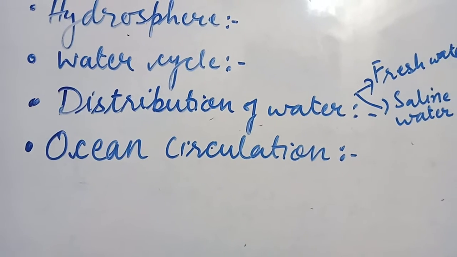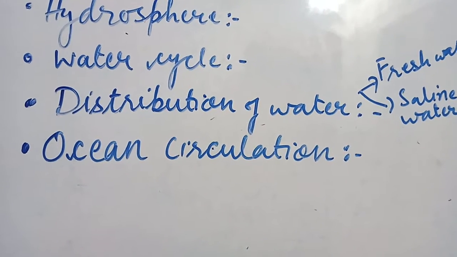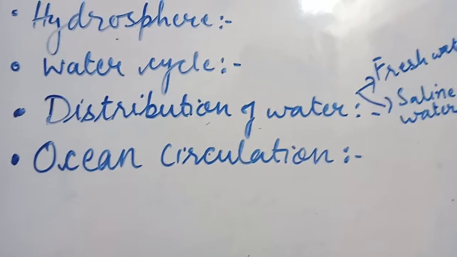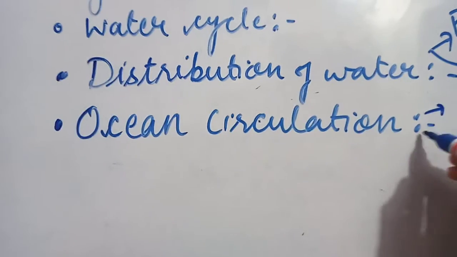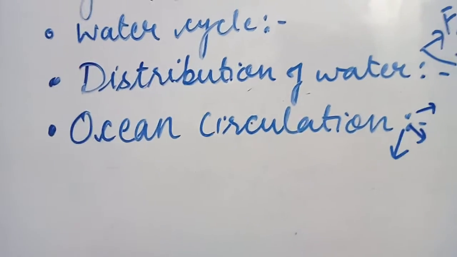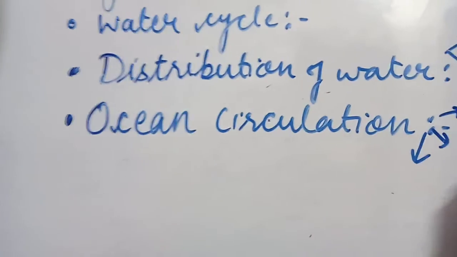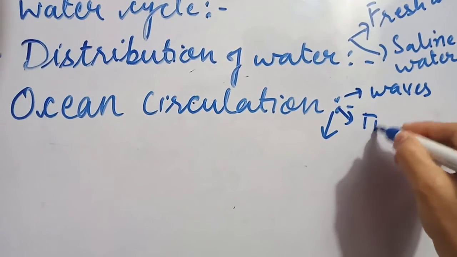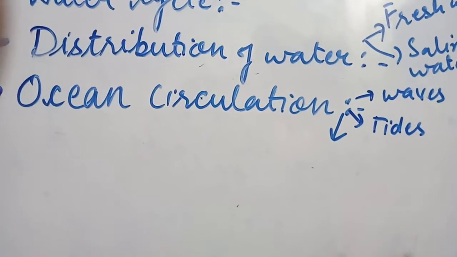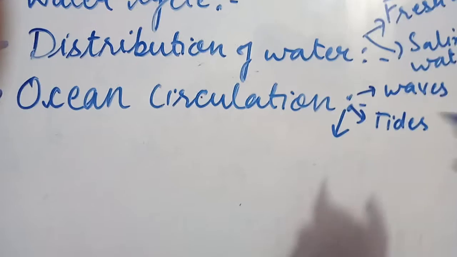The movements that occur in the ocean water are mainly of three types: waves, tides, and currents.